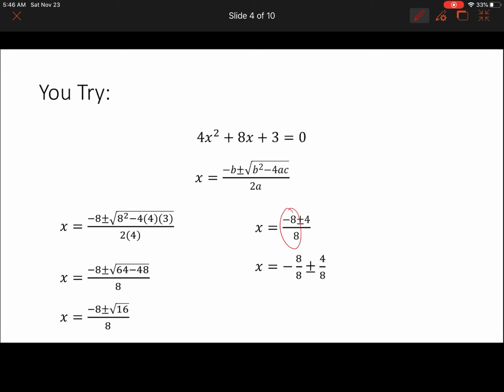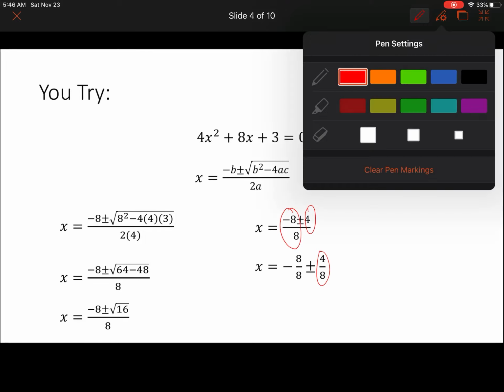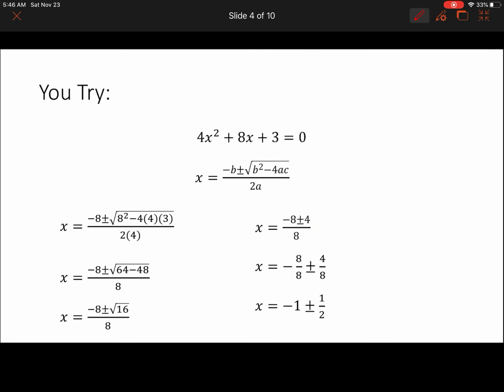Okay, and the next step, minus 8 over 8, I separated it, plus or minus 4 over 8. And that's minus 1, plus or minus a half. So my answer is, there's two possible answers. Well, you don't have to look at it this way.